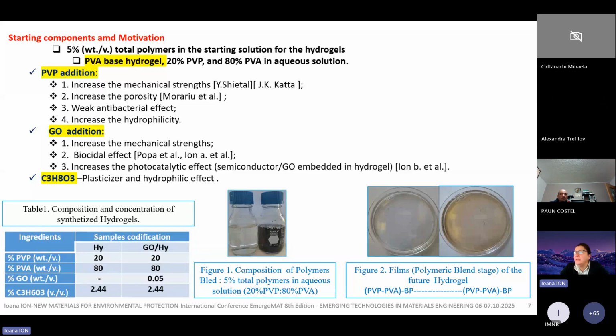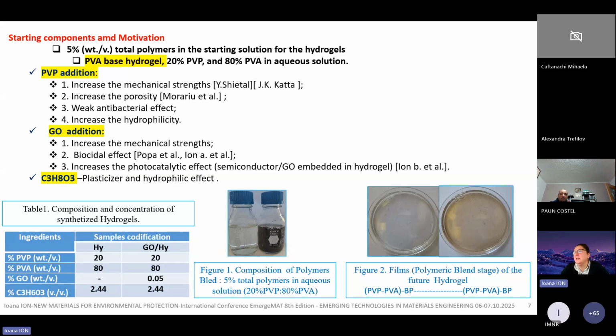the hydrophilicity, being a very hydrophilic polymer. The addition of graphene oxide was made because in literature it is known that the addition of graphene oxide, which has a 2D structure, increases the mechanical strength, presents a biocidal effect, and increases the photocatalytic effect.